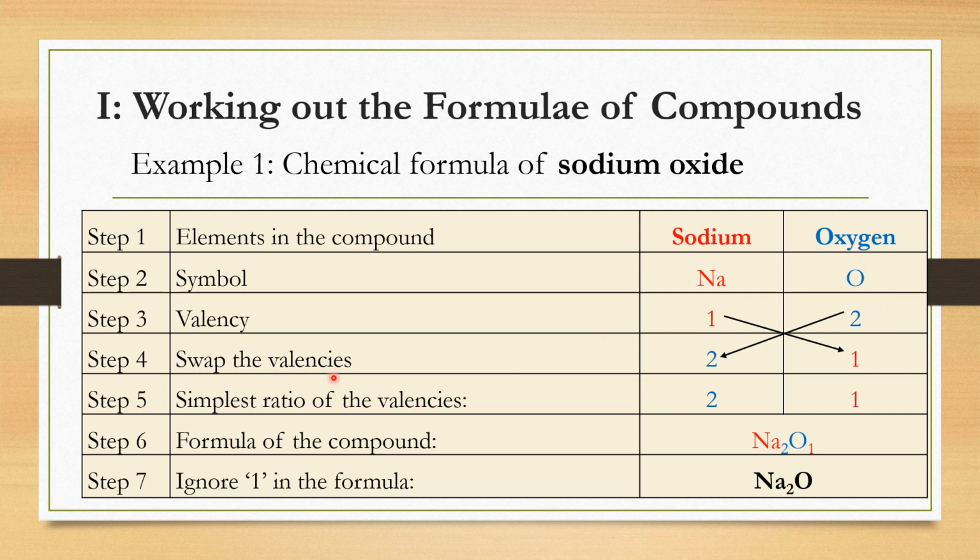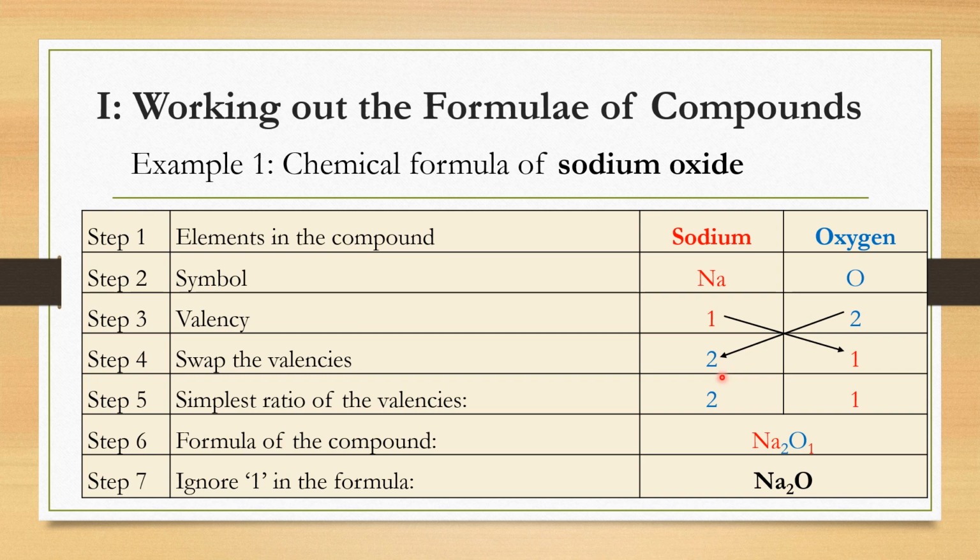Then you swap the valencies. By doing so, sodium obtains the value 2, which is the valency of oxygen, and oxygen obtains the value 1, which is the valency of sodium.